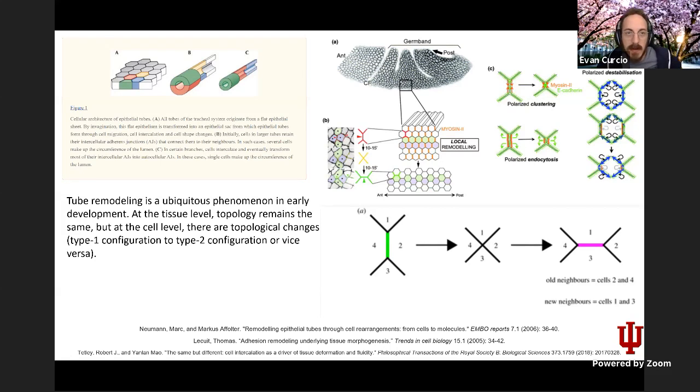I don't have experience with cellular Potts, very limited experience in Python, but it's been fascinating so far. The problem I'm interested in, I've already stripped it down a lot, and I'll try and briefly describe the sort of sandbox model I'd like to try and figure out over the course of the next 3 days. And that's tube remodeling. So very, very common phenomenon in early development.